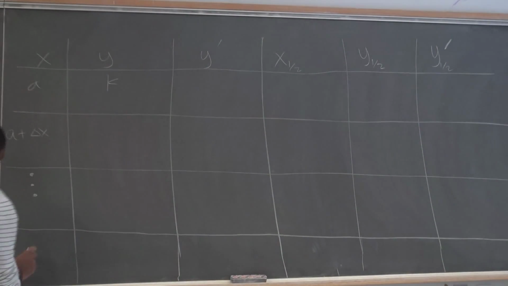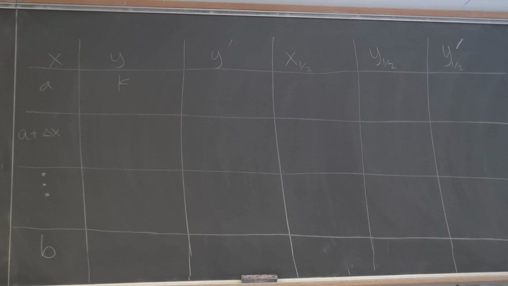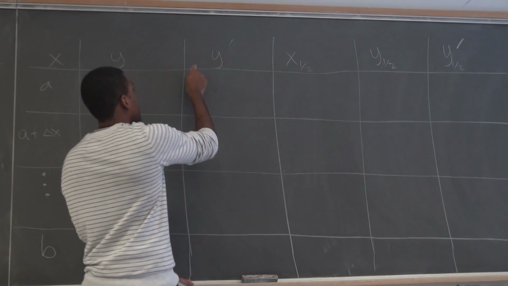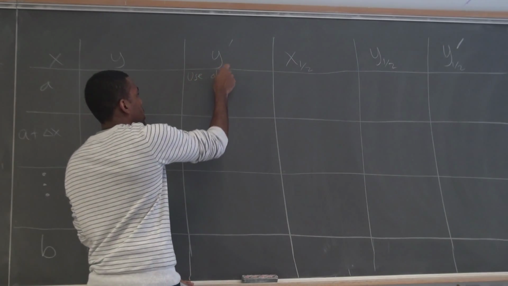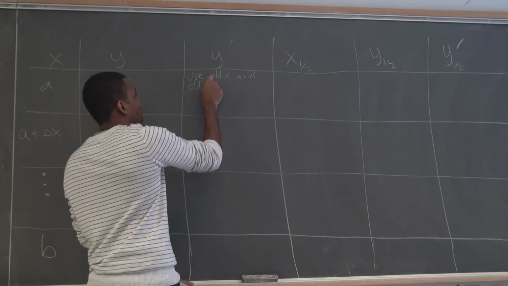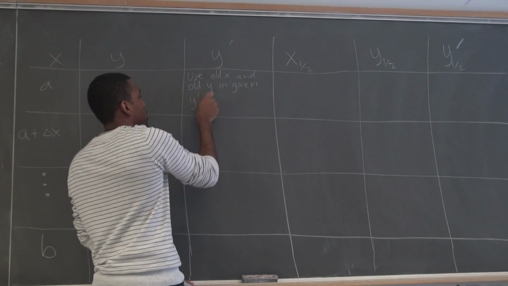Eventually we want to get to b, so we want to approximate y of b. You start with the initial condition, and this is computed the same way: use old x and old y in the given y prime formula.